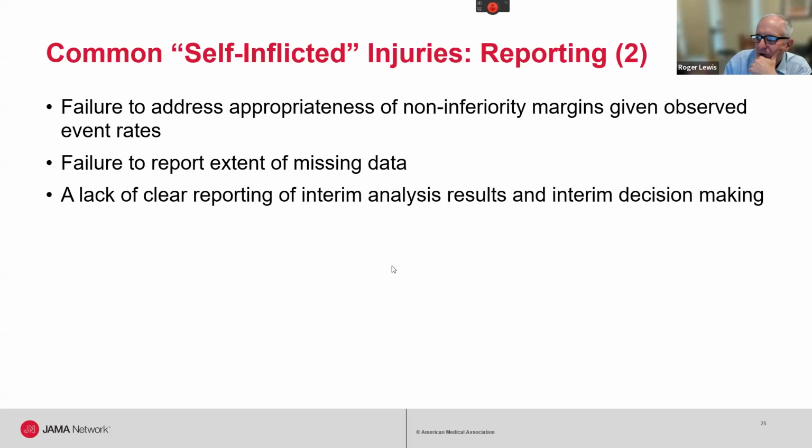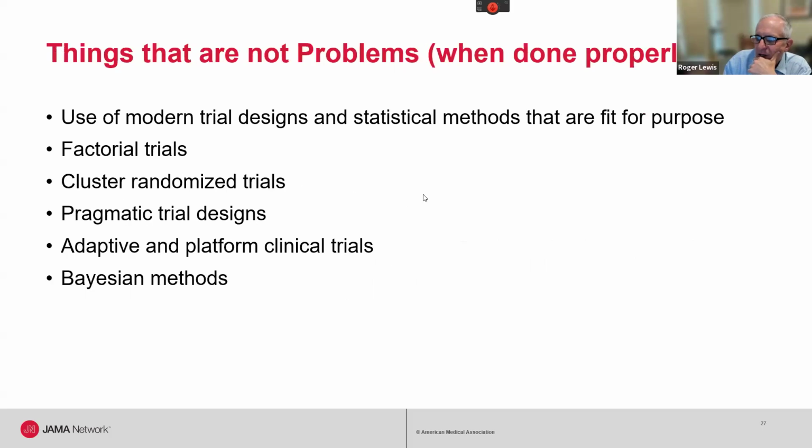I think we've handled these. Then there are other things that people sometimes ask me, are these okay? Do journals look down upon these kinds of approaches?